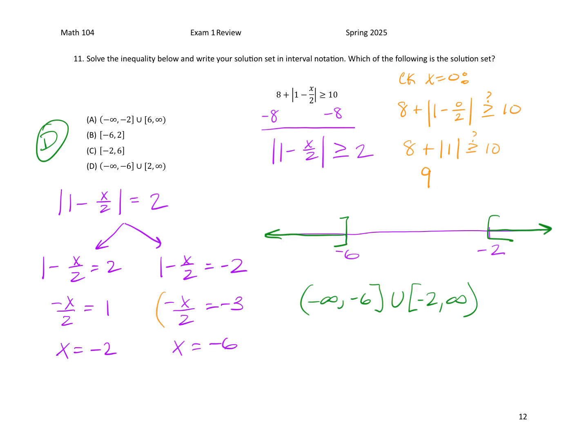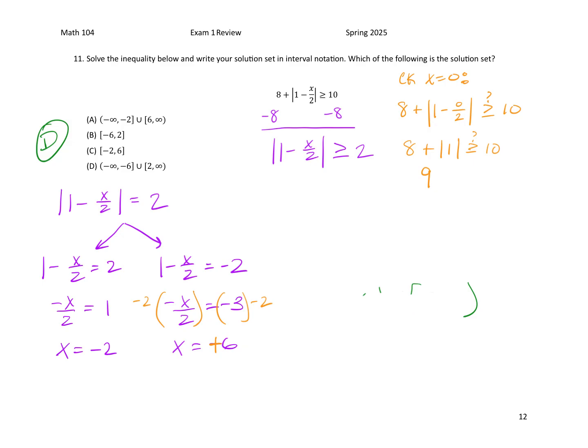So here, I multiplied both sides by negative 2. So I got x on the left. I should have gotten positive 6 on the right. Okay, so my number line doesn't look like this. My number line has negative 2 on it and 6 on it.